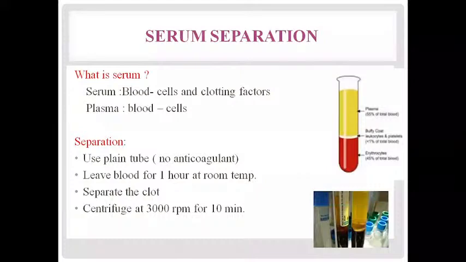There is the plasma, the buffy coat, and the erythrocytes. This is typical of blood with EDTA, which blocks the clotting factors. When centrifugation is done, you have these three layers of blood: the plasma, the buffy coat, and the erythrocytes.